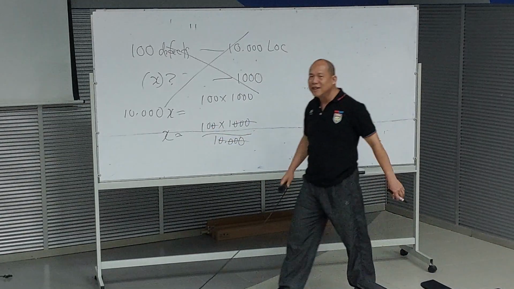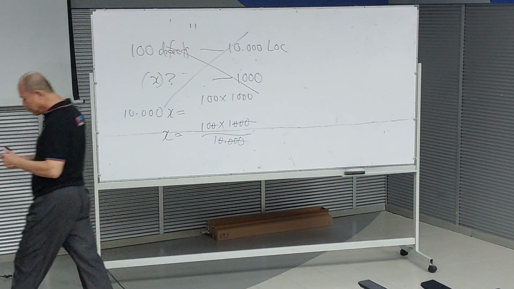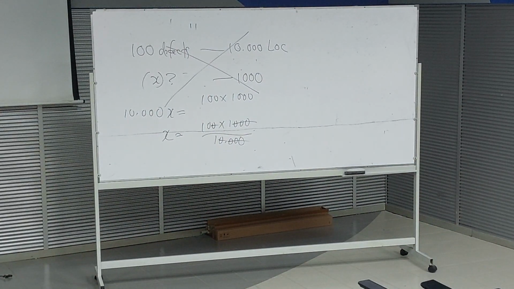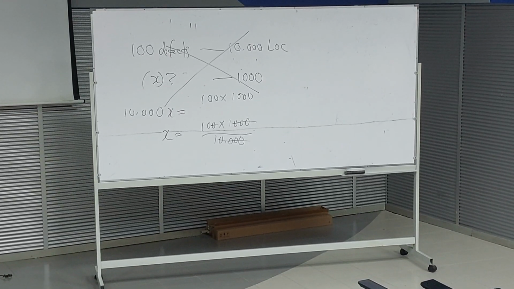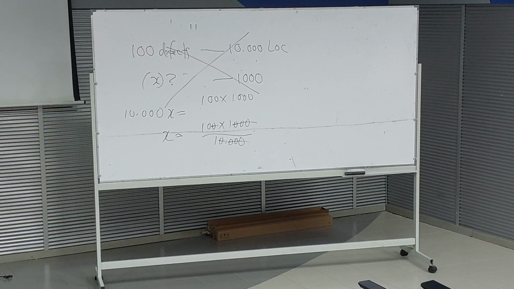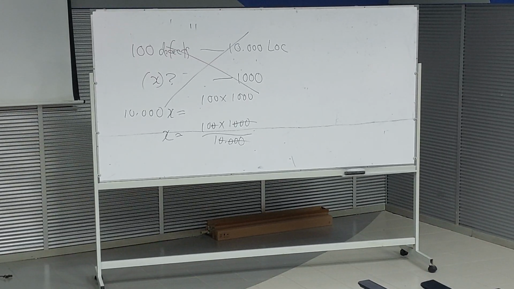So 10. Okay, so this is how you calculate defects per 1,000 lines of code when you are given total lines of code and total defects.